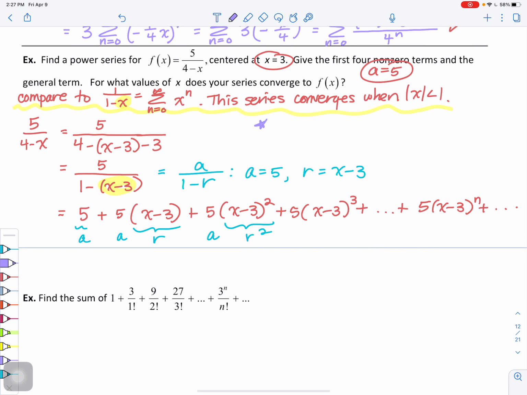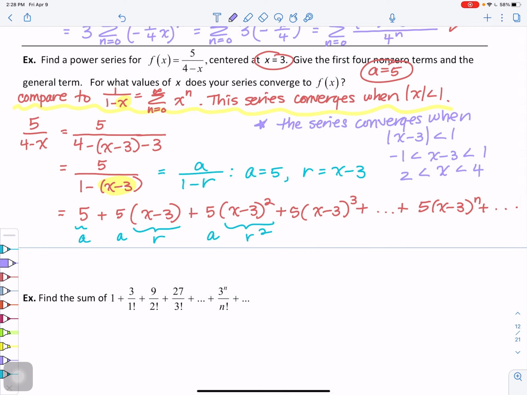Now, when will this series converge? This series converges when the absolute value of x minus 3, because that's our r, is less than 1. So we have when x is between 2 and 4.